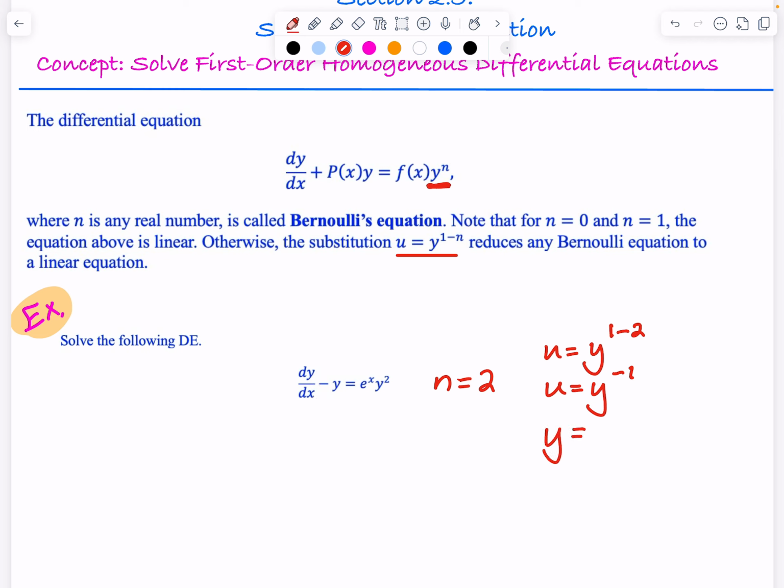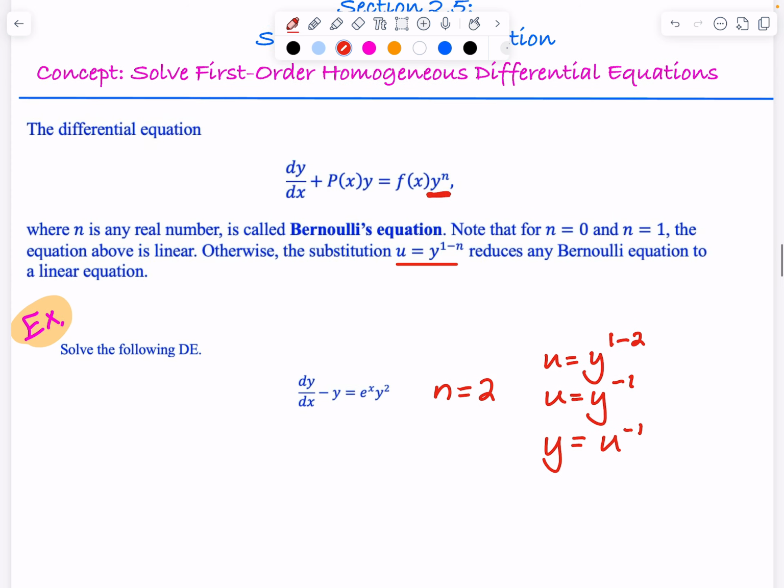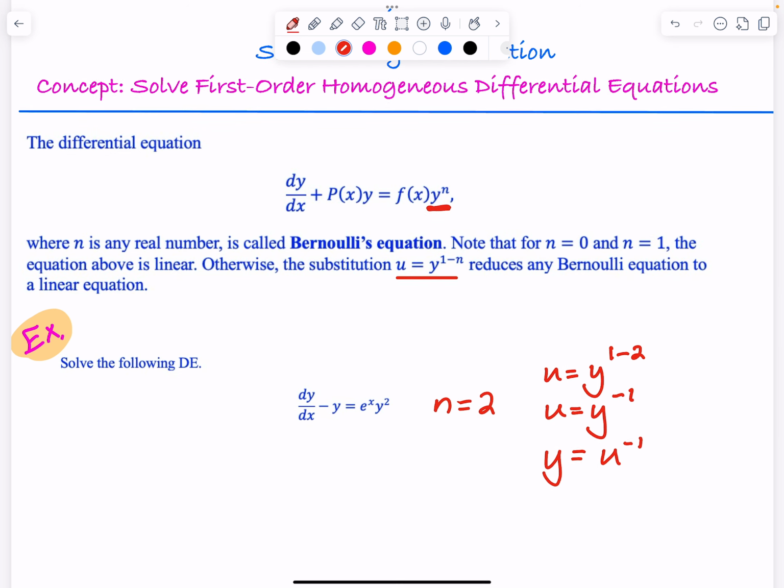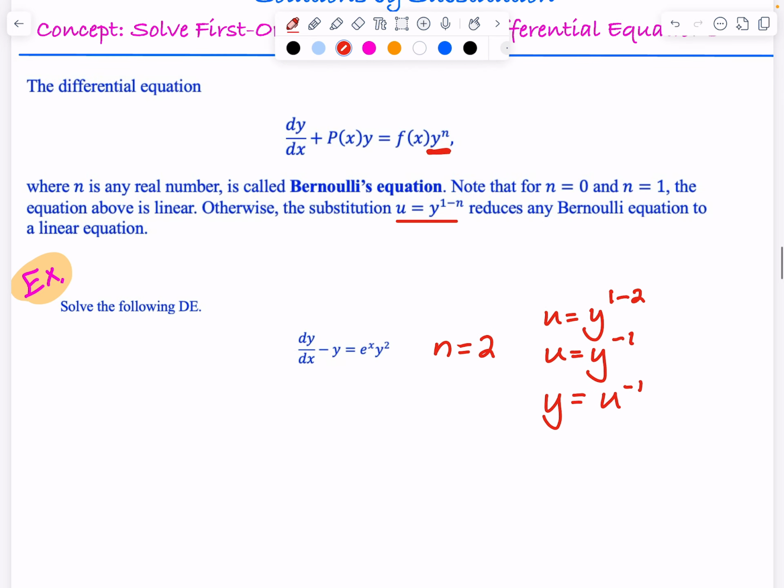So if I do some converting here, this is actually just y equals u to the negative 1. From there, we could do a different sub than in the homogeneous equations, taking dy and getting the du and all this stuff. But here's a quicker way to think about this.